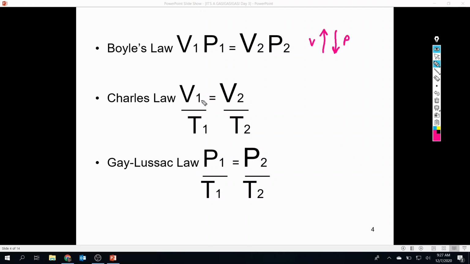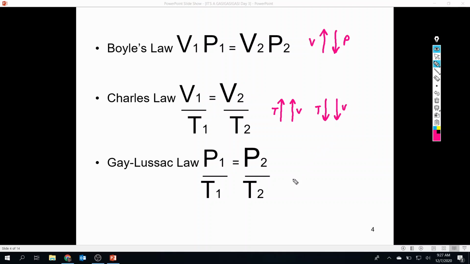Charles's law, the volume and the temperature, and Gay-Lussac's law, the pressure and the temperature, are both direct, meaning that if the temperature increases, the volume will increase as well if pressure is constant, and if the temperature decreases, then the volume will decrease.